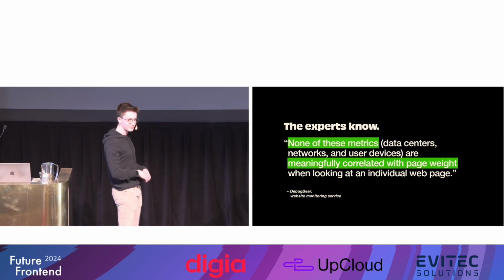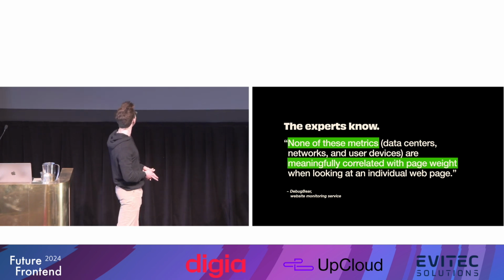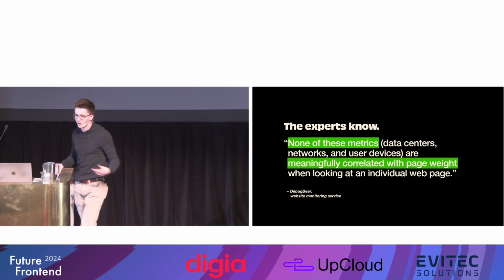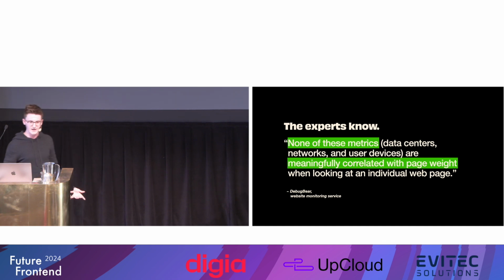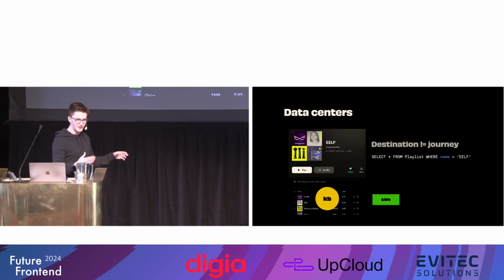But they don't include the CO2 calculations. And they wrote a very extensive post on why that I recommend you read. But a big takeaway, none of these metrics and their findings are meaningfully correlated with page weight, which is a very dramatic stance that actually does have some weight to it, some page weight maybe. And we'll break that down by each component.